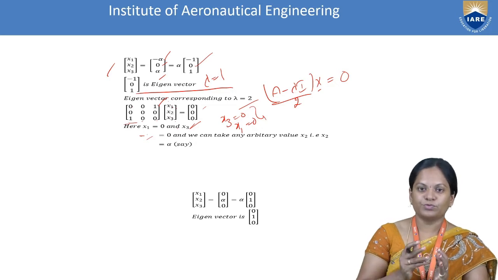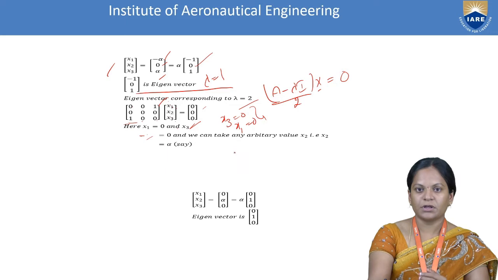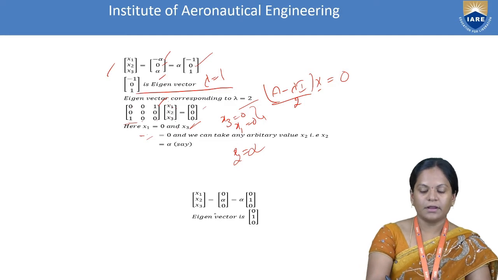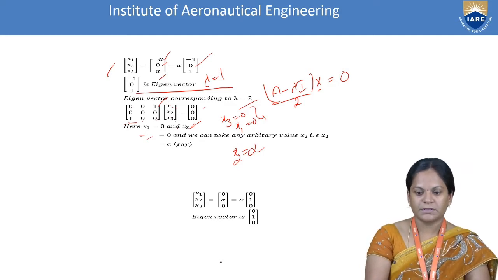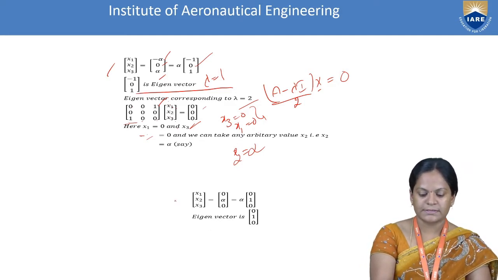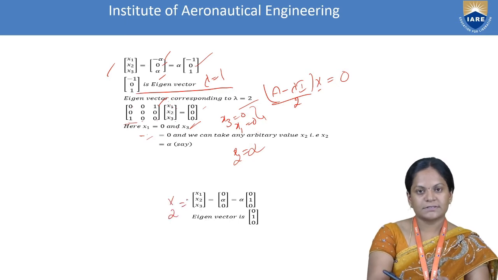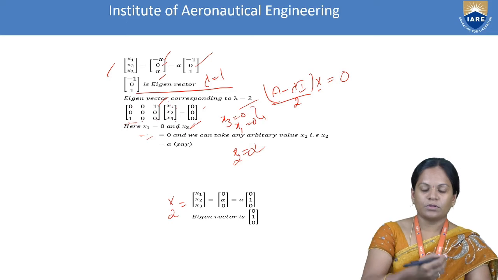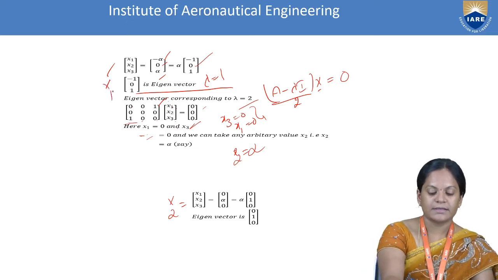Now we have to choose one arbitrary constant. So definitely we have to choose the arbitrary constant x2 equal to alpha. Now write in vector form. The vector form is x1, x2, x3, capital X2. This is the second eigenvector we are finding, that's why I am considering X2. The first eigenvector, take X1.